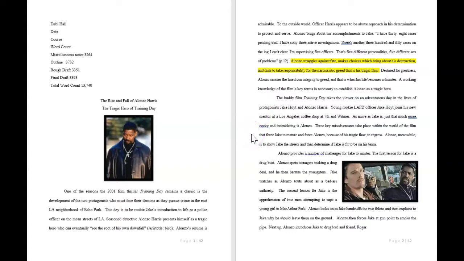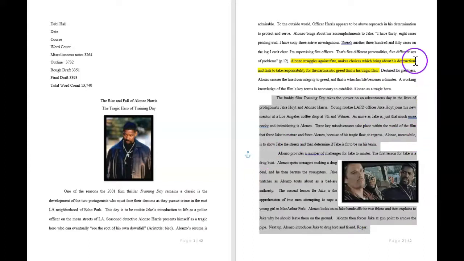Good heavens, Training Day was made in 2001. Some of my readers may have never heard of it before. Bless their hearts. But this section, then, is where I describe the plot of the story and the ultimate demise of Alonzo.